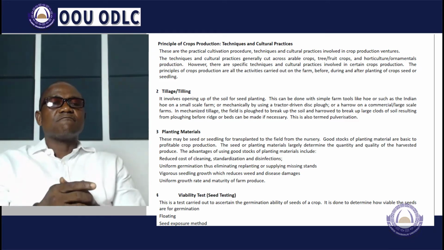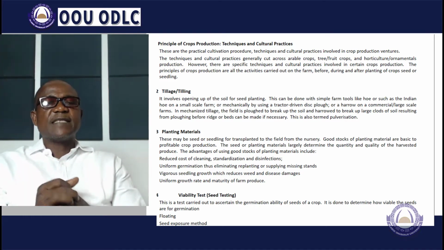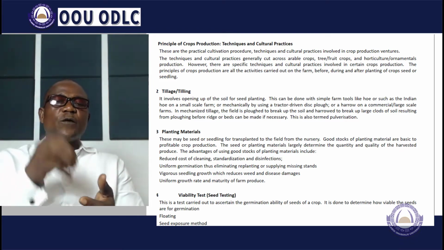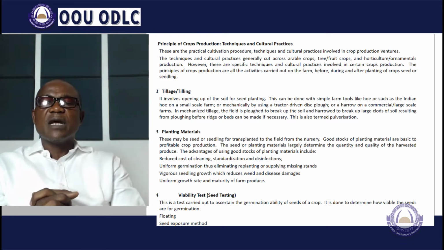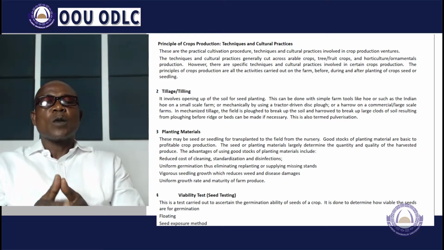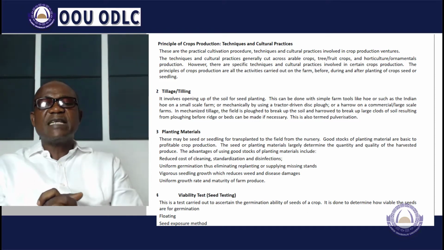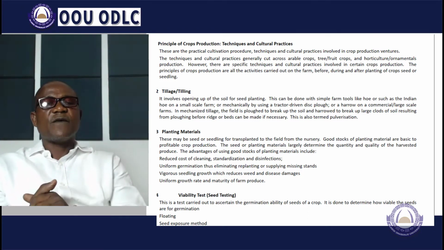Tillage or tilling. This involves opening up of the soil for seed planting. This can be done with simple farm tools like the hoe, such as the Indian hoe, on a small-scale farm. Or it could be done mechanically by using a tractor-driven disc plow or harrow on commercial large-scale farms.